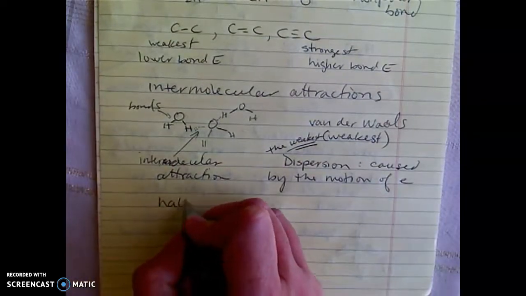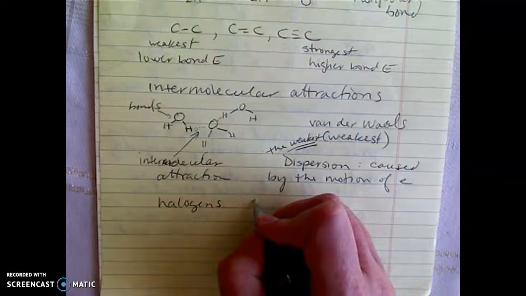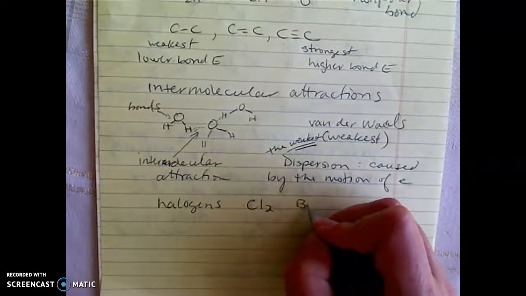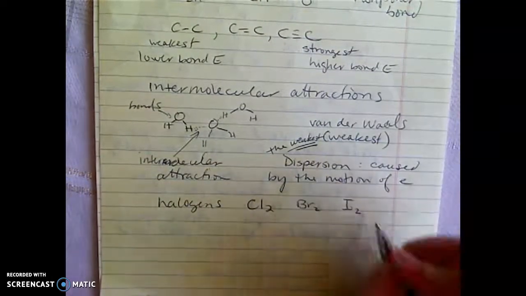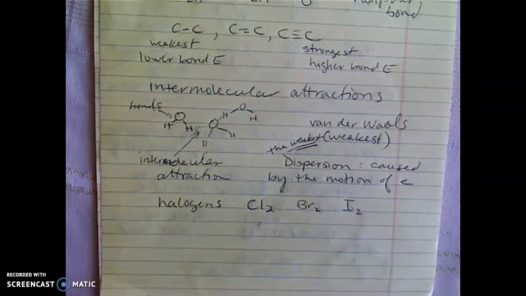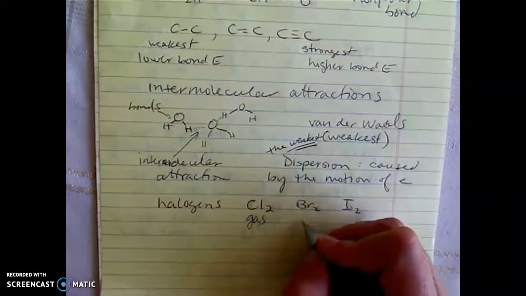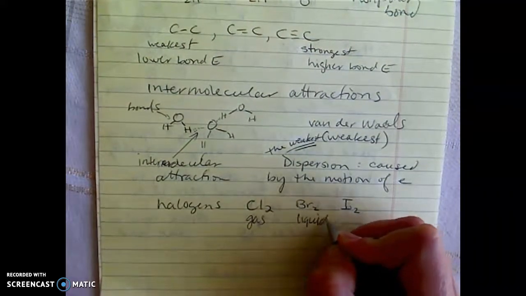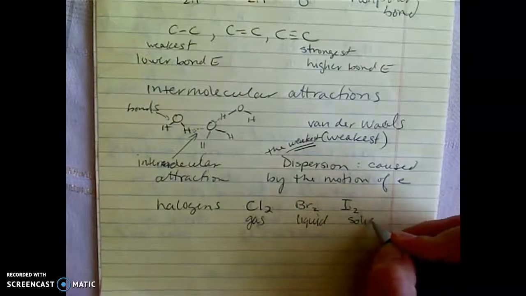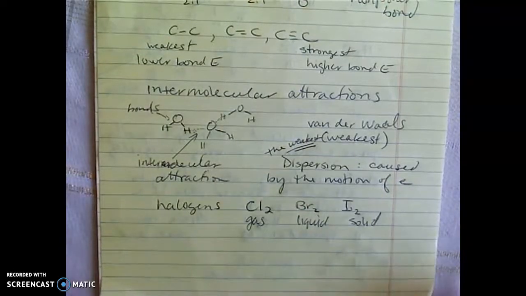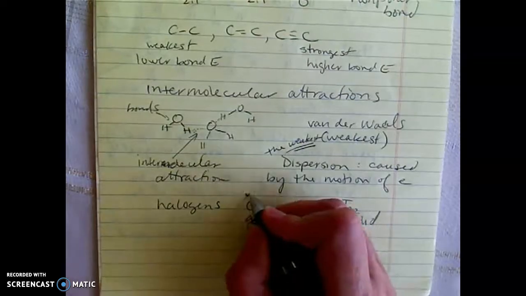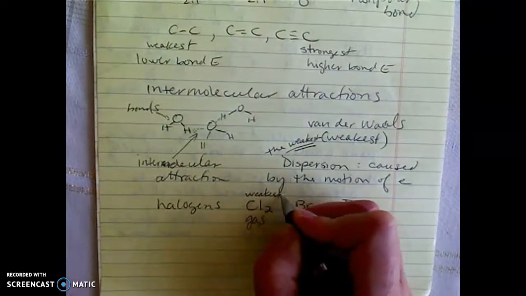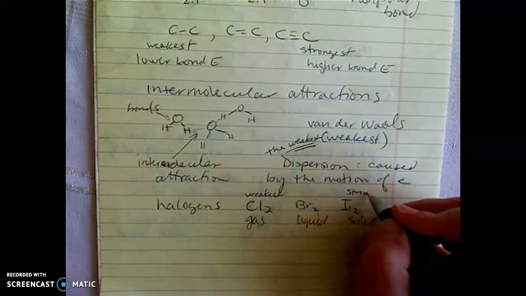So a good example, halogens. We'll compare chlorine, bromine, and iodine. Remember, they're in the same family because they have a similar electron configuration. So they have some similar properties. But chlorine is a gas, bromine is a liquid, and iodine is a solid. So right there, just having different phases, we know that they have different attractive forces. So this would be the weakest of the 3. This would be the strongest.